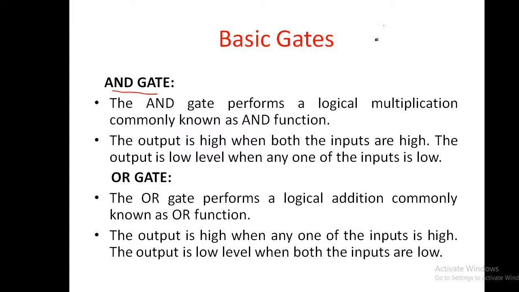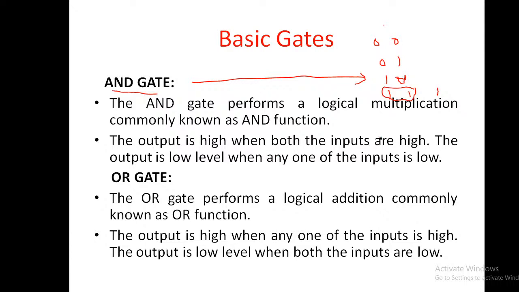The input combinations are 0 0, 0 1, 1 0 and 1 1. Only when both inputs are 1, the output will be 1. This is for which gate? AND gate, right?